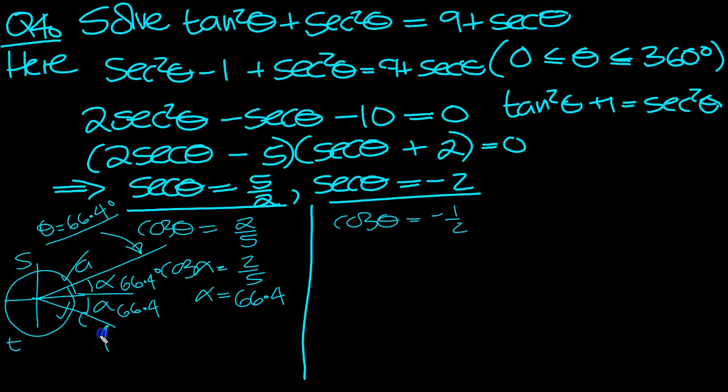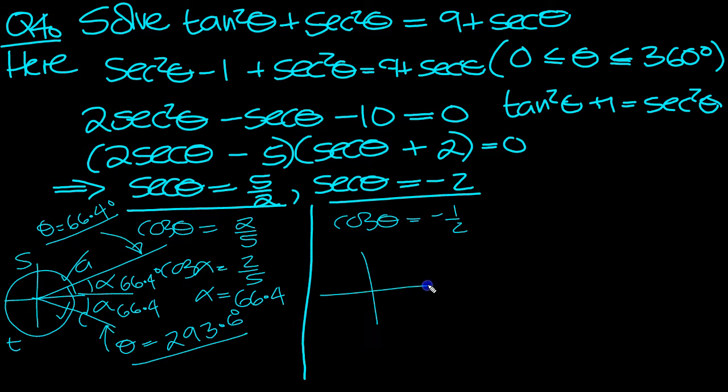The other solution is here. So you go round 360, back 66.4, which is 293.6. And you can check that: 360 take away 66.4. Check it on the calculator if you need to.